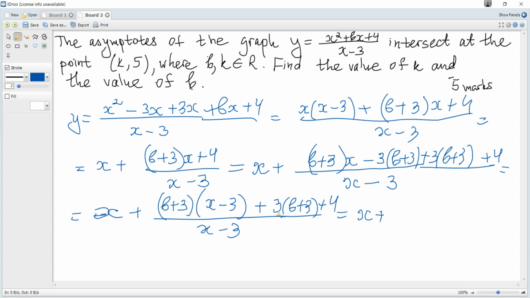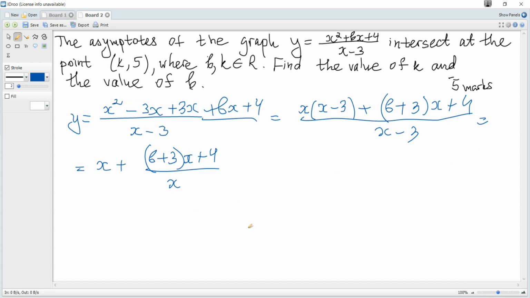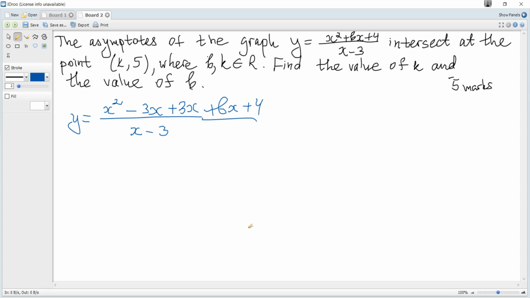And another way is just to divide polynomial functions, and I can do that using synthetic division or long division.